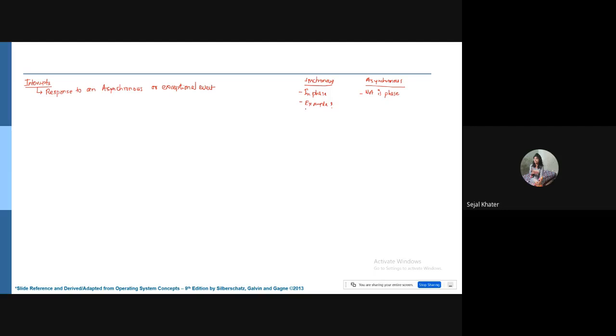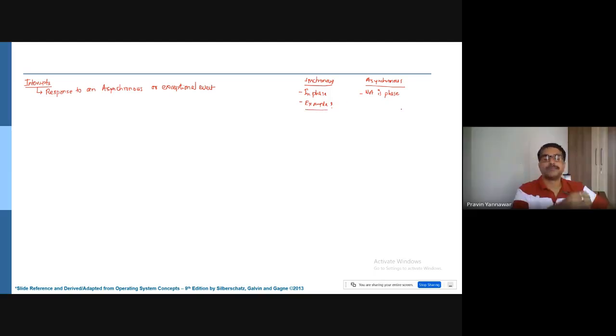Yes, how? In order to understand synchronous and asynchronous, how many parties do you need to consider? Please tell me: if we want to understand synchronous and asynchronous mechanisms, how many parties do we need to understand?